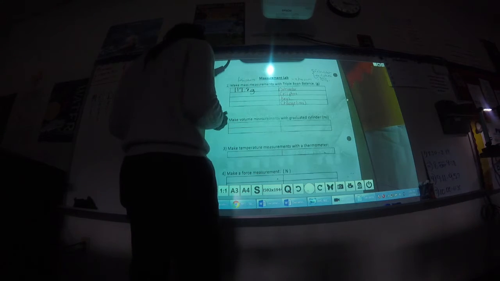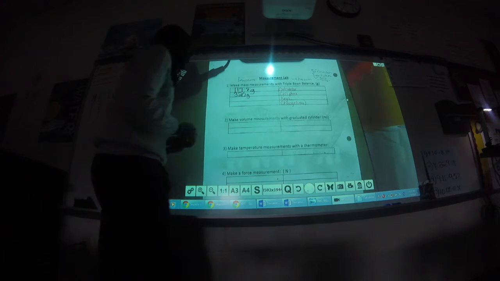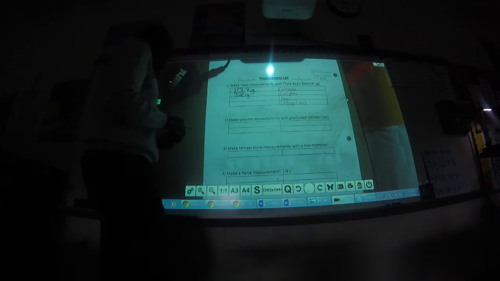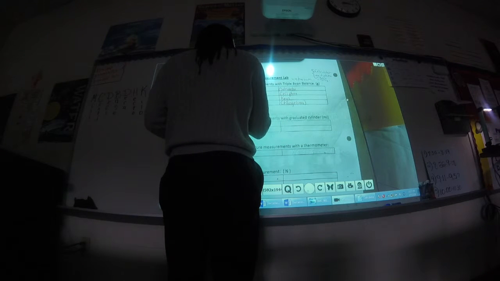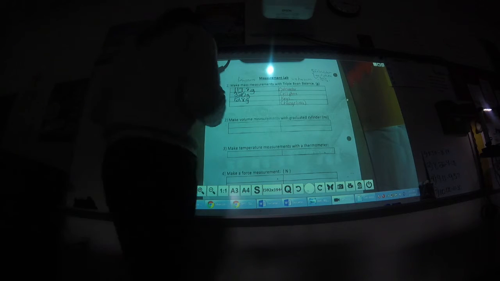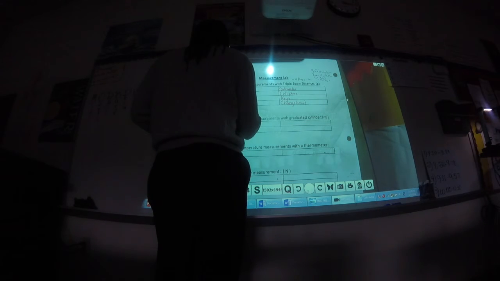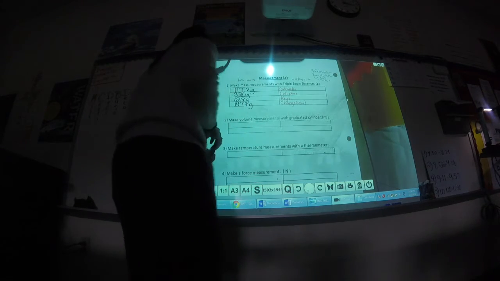What did you all have? Okay, I heard the first one was 320 grams. All right, our keys. My keys that I left over there for you all, what did you all have for that? All right, good job. That's 128 grams. And the change, the coins, what do we have? All right, good job. 197.4 grams. Great job, everyone.